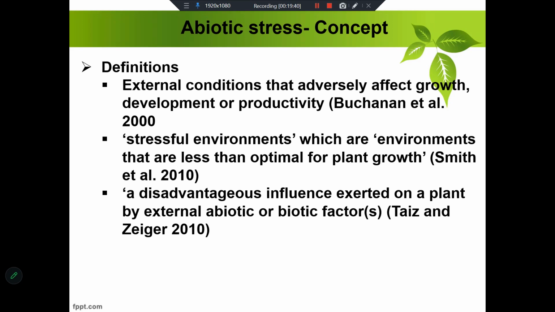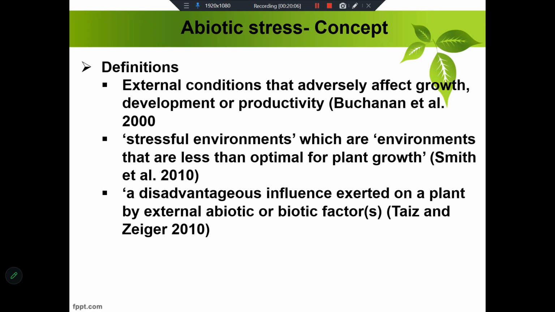What you have to do is understand the content, and then write them in your own words. You don't have to remember what Buchanan or Smith has said about stress physiology. It's not something that I'm going to ask. Therefore, don't remember any of these definitions by heart.